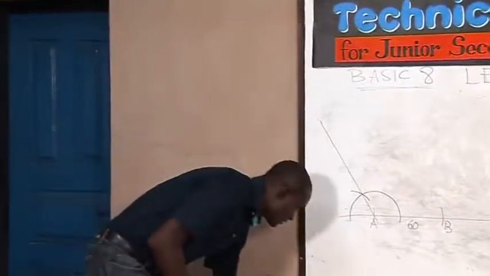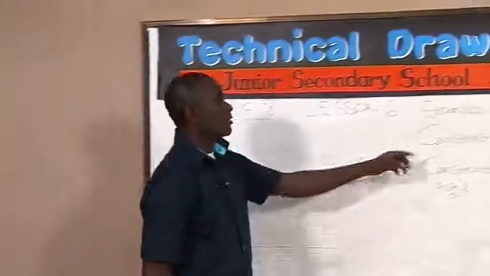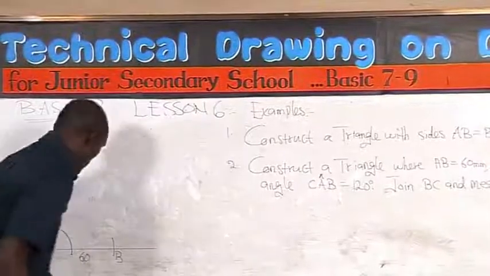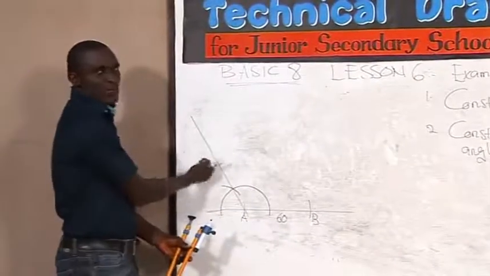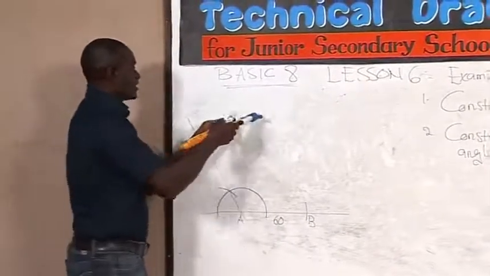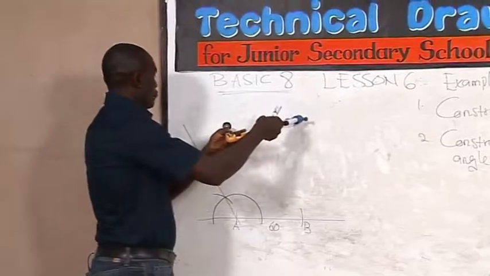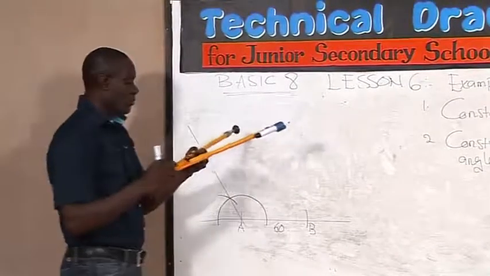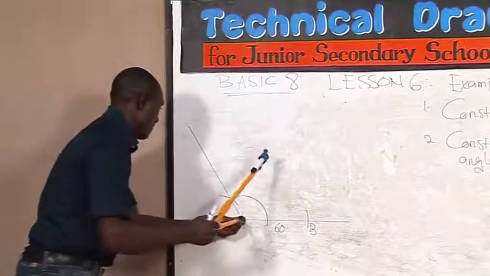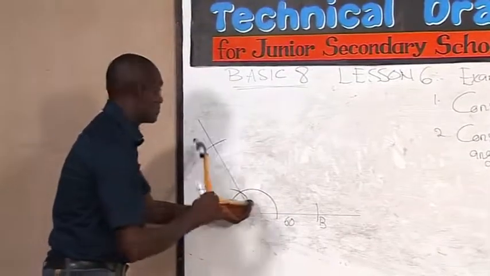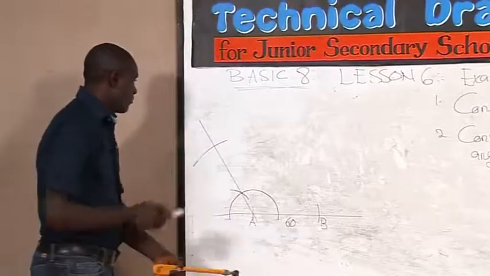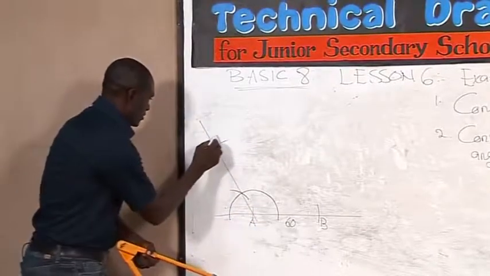When you are done with that, you now go back to AC 72 mm. It means C will be somewhere here that we don't know. Measure your 72. Put your needle at A. Cut that line. That's it. Now, that point you cut here is what? This is your C.